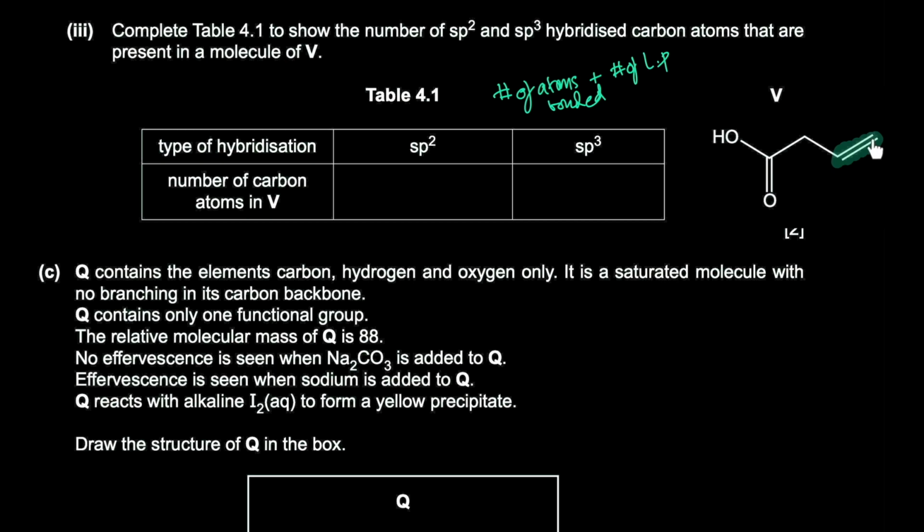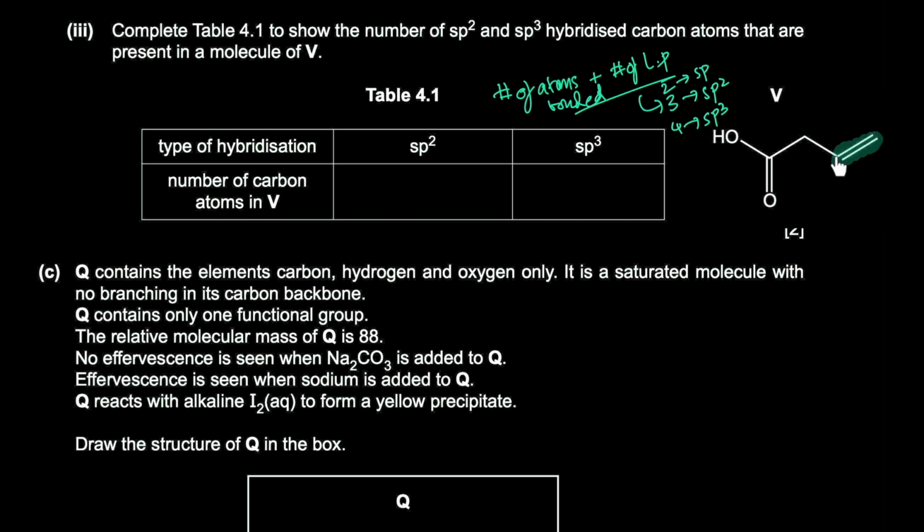Now, for the carbons that have double bonds, this carbon is bonded to 3 atoms. You have 2 hydrogens, and it's bonded to another carbon. So if it's bonded to 3 atoms, there's no lone pairs. If this total is 3, then we have sp2 hybridization. If it's 4, we have sp3, and if it's 2, then it's sp hybridization. So this double bonded carbon is sp2.